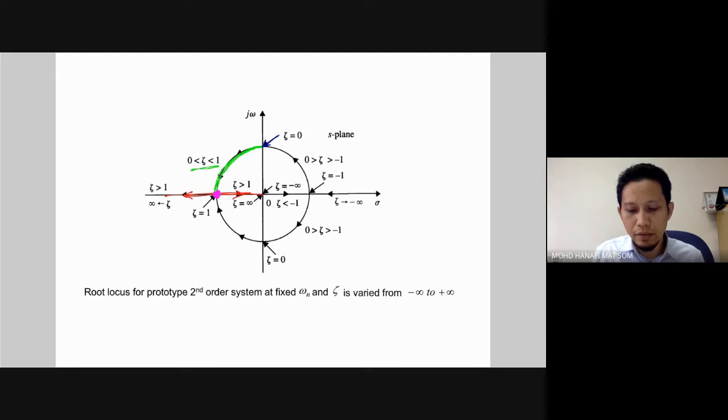And basically, the values are mirrored on the j omega axis and mirrored to the real axis. So if we have one pole at this position, we will have another at this position. If we have a zero at this position, we will have another one at this position. To the right is an unstable system.